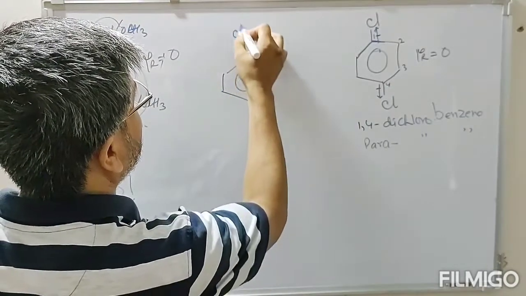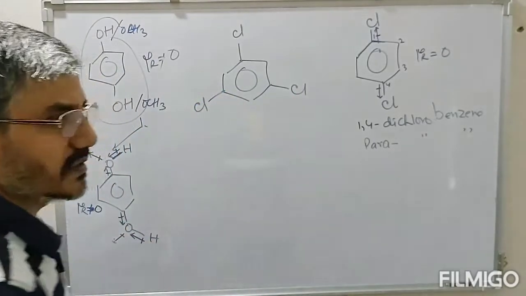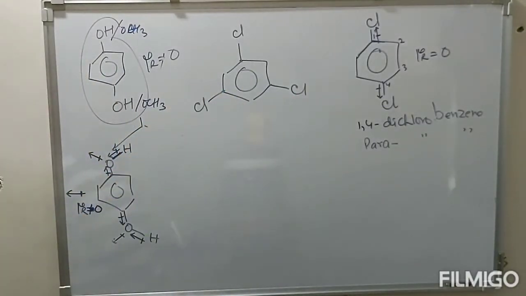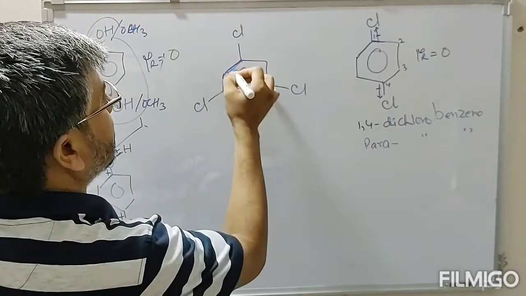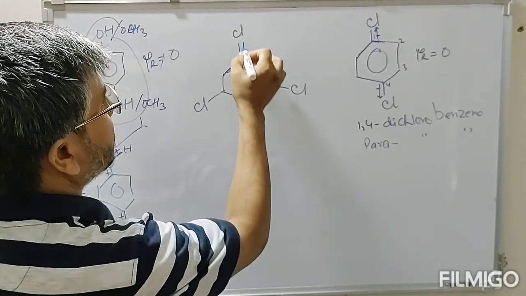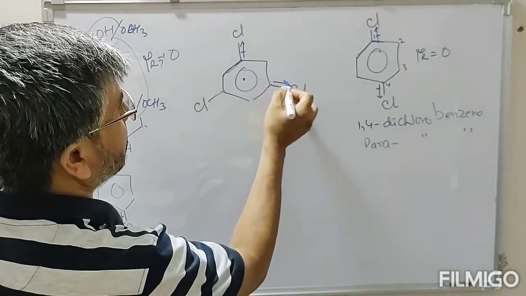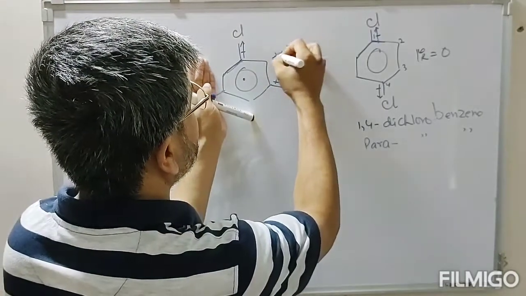Take this Cl, Cl, Cl. Now we'll find the resultant of these two. Take this to the center of the molecule. So we have a dipole here, we have a dipole. The resultant of these two dipoles is here.